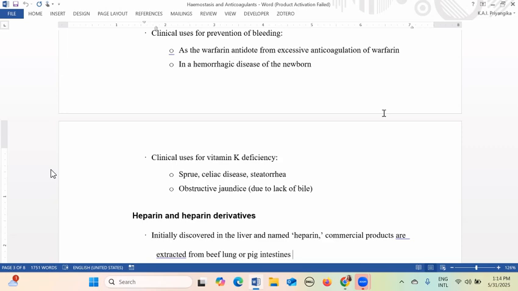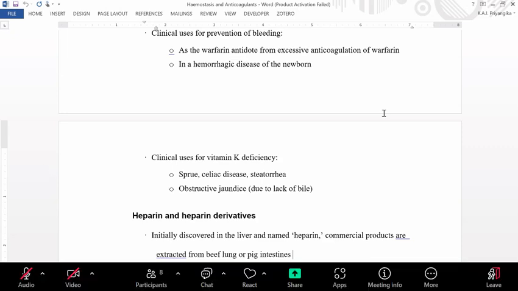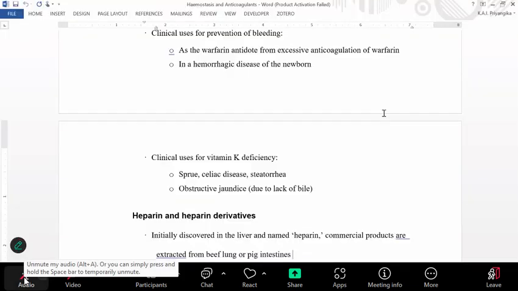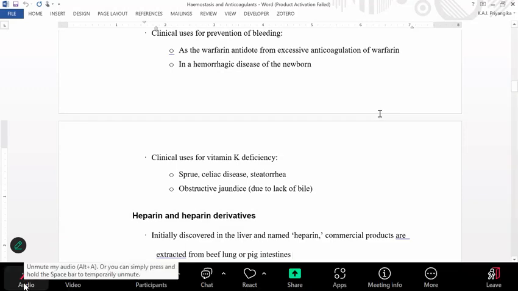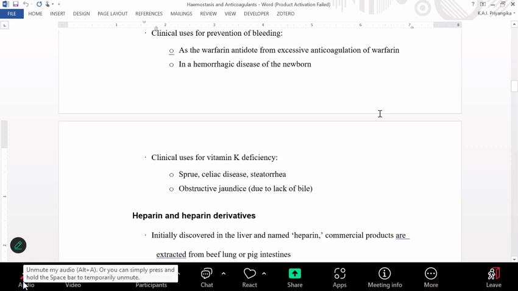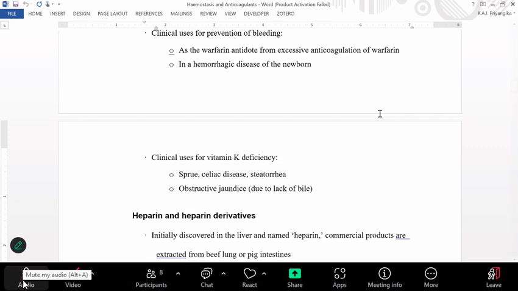What does it do in relation to coagulation, why is it required?